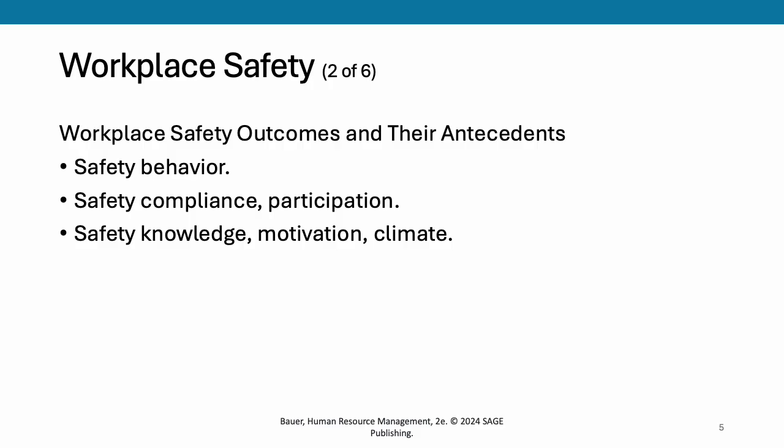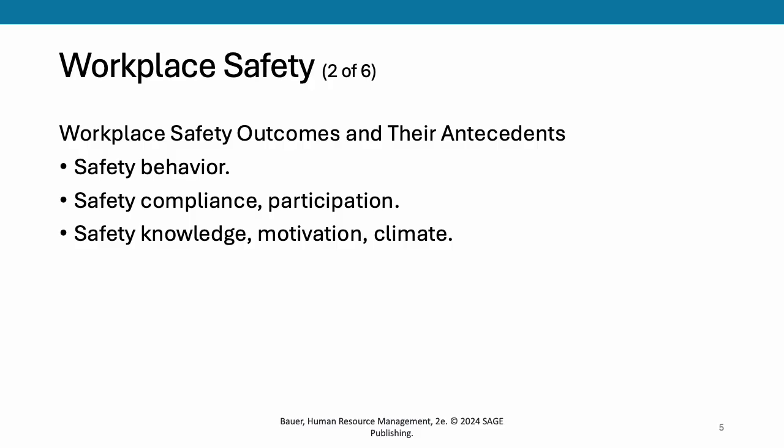And then safety climate is the environment in which people feel like safety matters and how important safety is, and it is reinforced in the company culture. So it's the safety climate, the safety culture. Either way, it means the same, gets at the same thing.